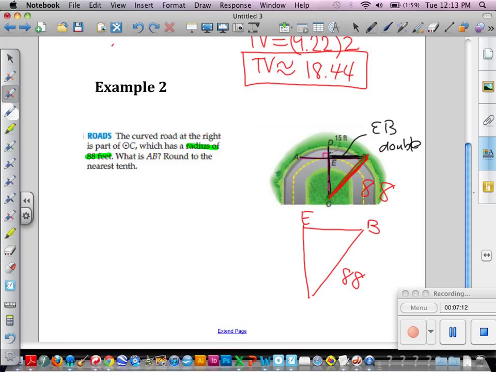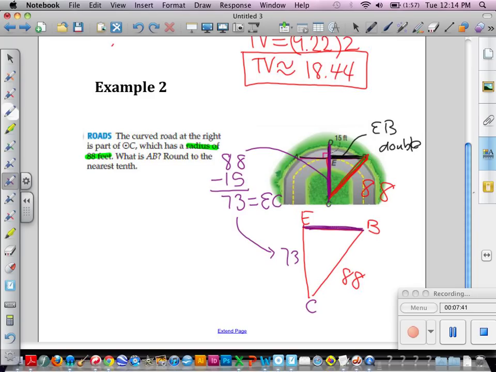I don't know this line right here, people. This is a radius. The radius is 88. So I'm going to take 88 minus 15. That's going to get me 73. So that's my EC. So I'm going to write that right here, 73. I'm looking for EB, and then I'm going to double it. So I'm going to write my work down here.